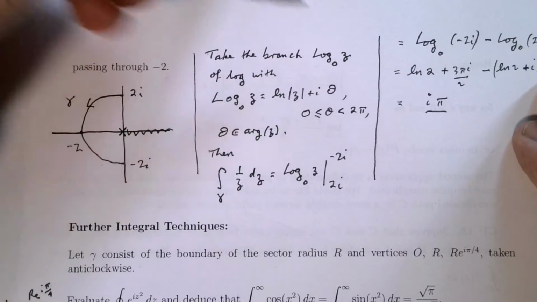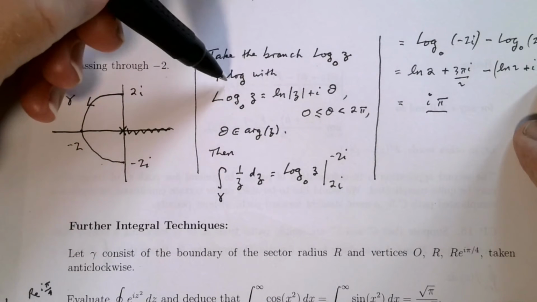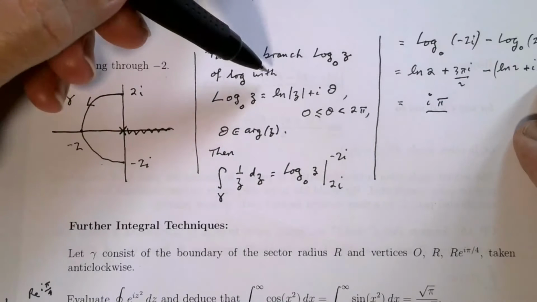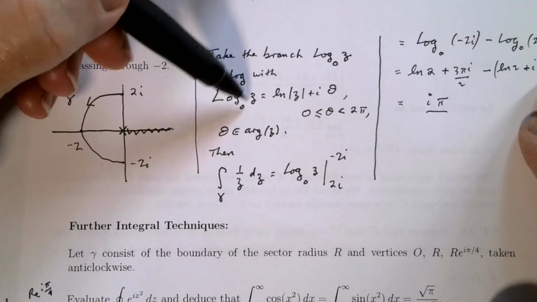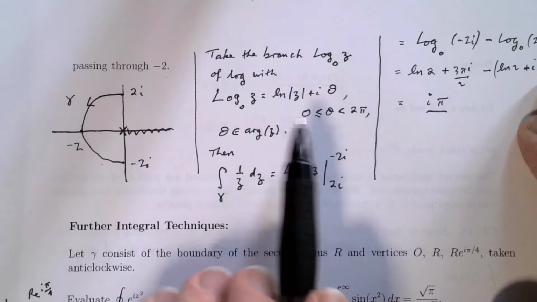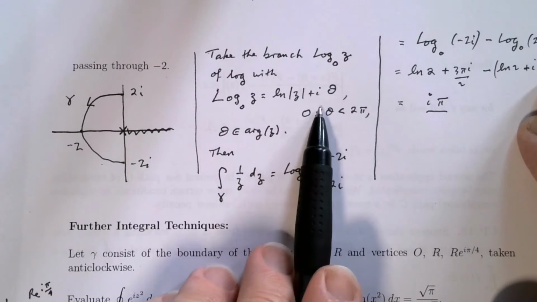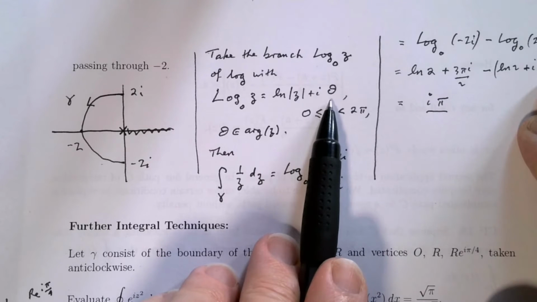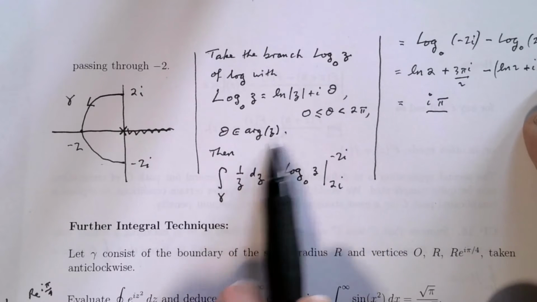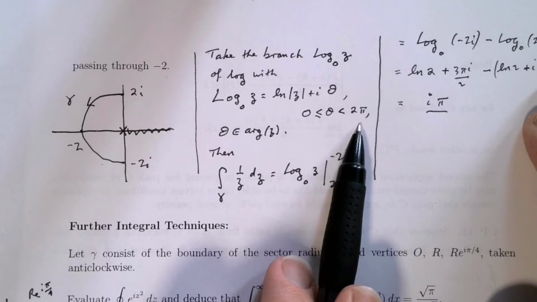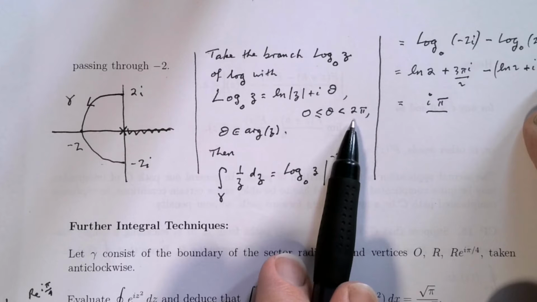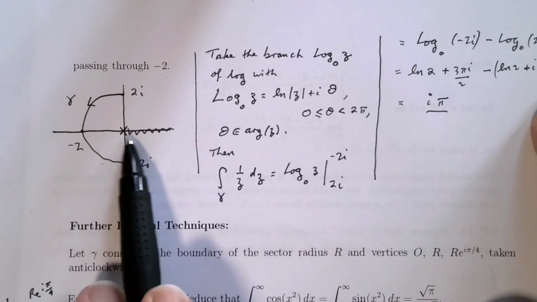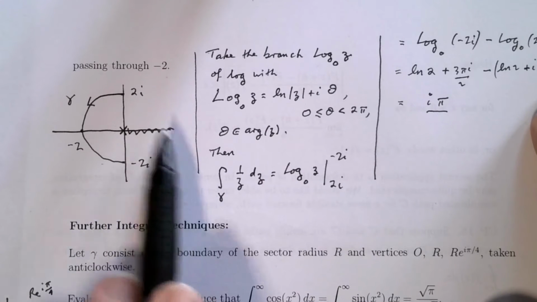That means we evaluate Log sub 0 of z by taking the log of the modulus of z plus i times theta, where theta belongs to the set of arguments but is between 0 and 2 pi, including 0, excluding 2 pi. And if you look back to what we did on logs, that's going to shift the branch cut across here, well away from our contour, gamma.